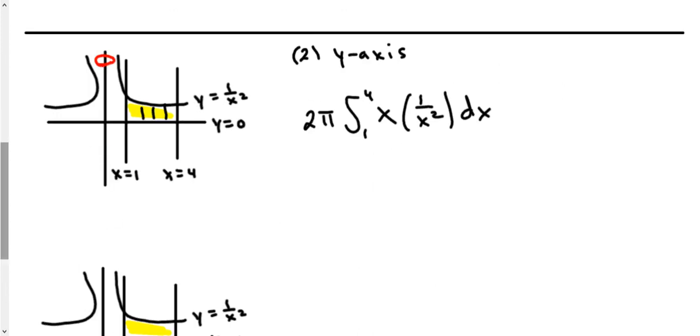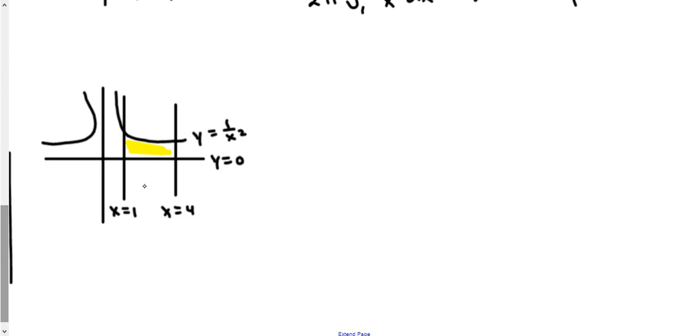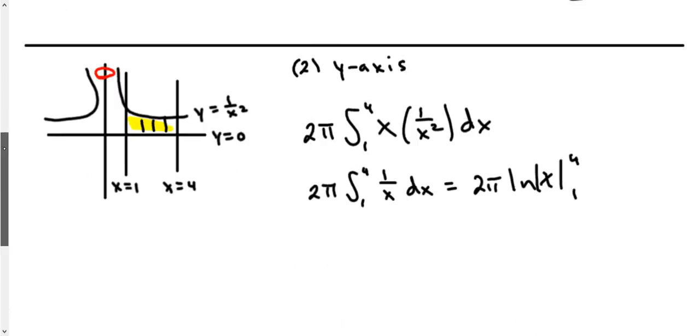So this turns out to be 2 pi times the integral from 1 to 4 of 1 over x with respect to x, which turns out to be the natural log of the absolute value of x. We do it from 1 to 4. And if I didn't do the absolute value, it's no big deal because anything from 1 to 4 is positive.